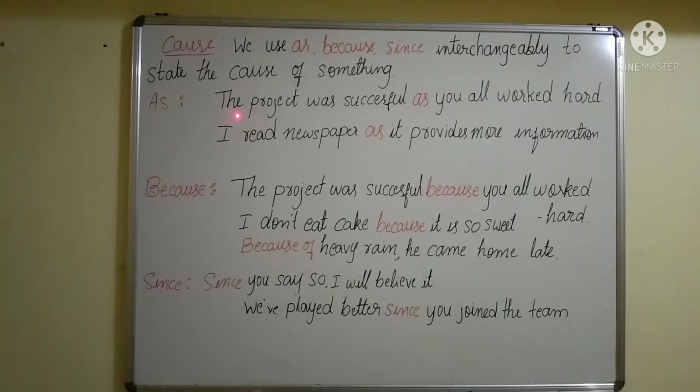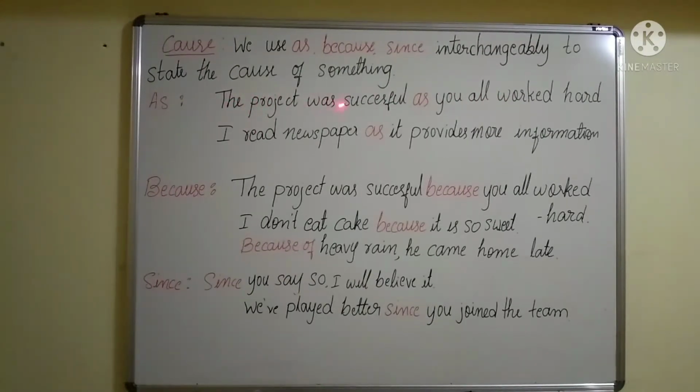As. Here we can see two examples of this. The first one: The project was successful as you all worked hard. This is very clear. We can see two clauses here.